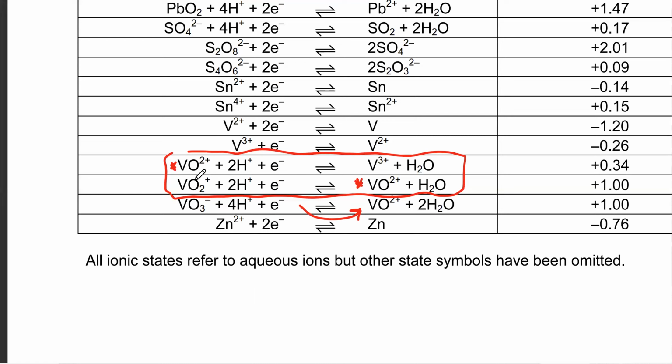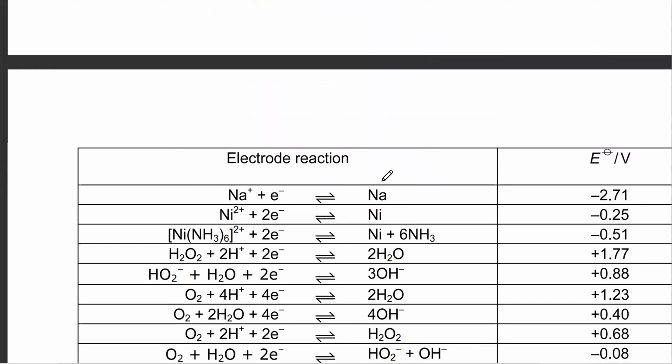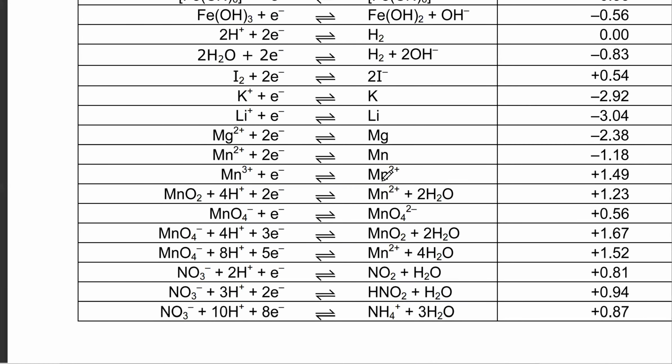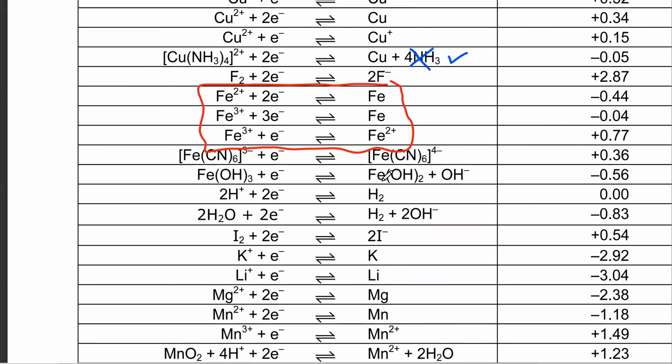Your beaker contained VO with a 2 plus charge, not VO2 with a plus 1 charge. So you can't select this equation. So the highest potential by default, if you ignore that, would be the Fe one, which is 0.77, and that's going to be your higher E naught. So you figure that one out.